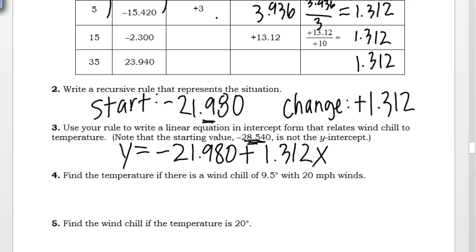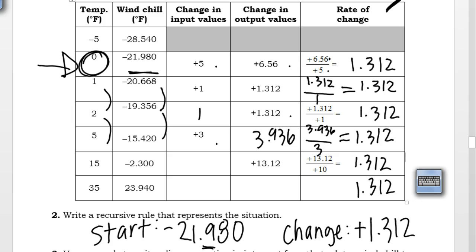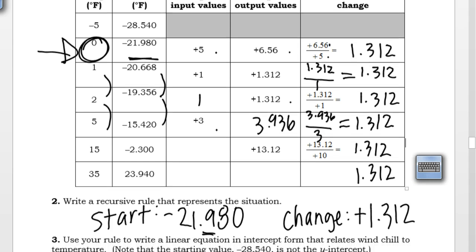So if I wanted to find the temperature if there was a wind chill of 9.5 degrees, I can put my 9.5 degree wind chill in for my y in my equation.